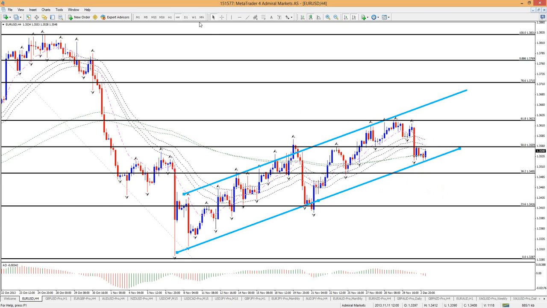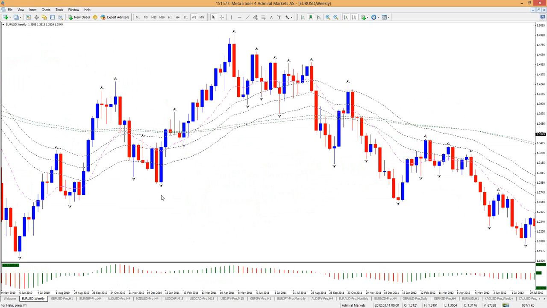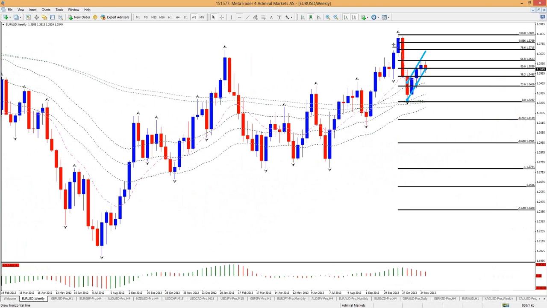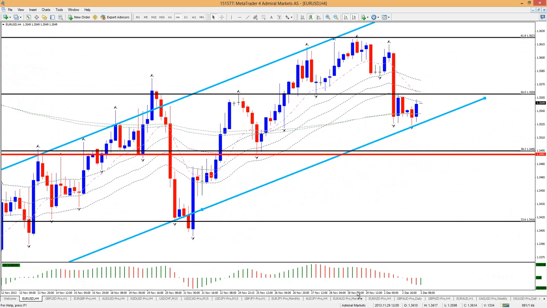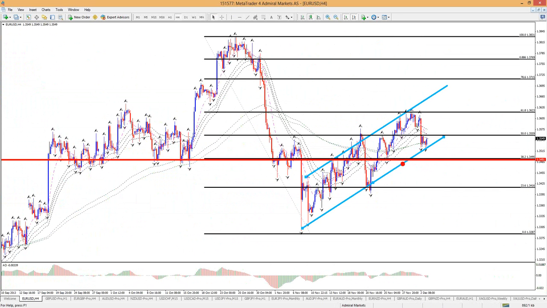Now from the weekly perspective, we said we want to break below last week's low. But from this 4-hour perspective, we can see that that level might not even be needed before turning bearish, because we have a channel, we have moving averages pointed down, prices below it.